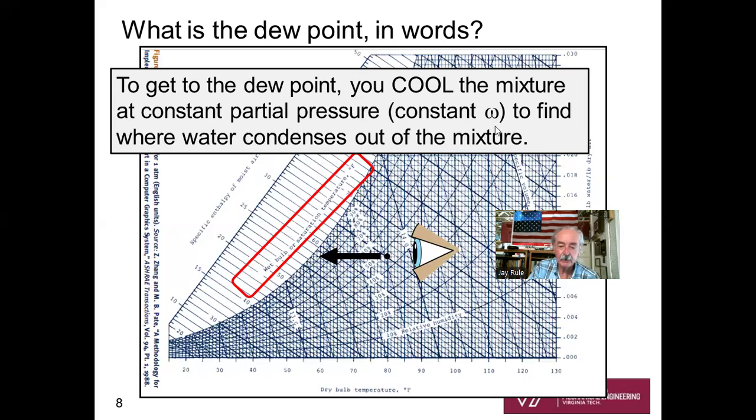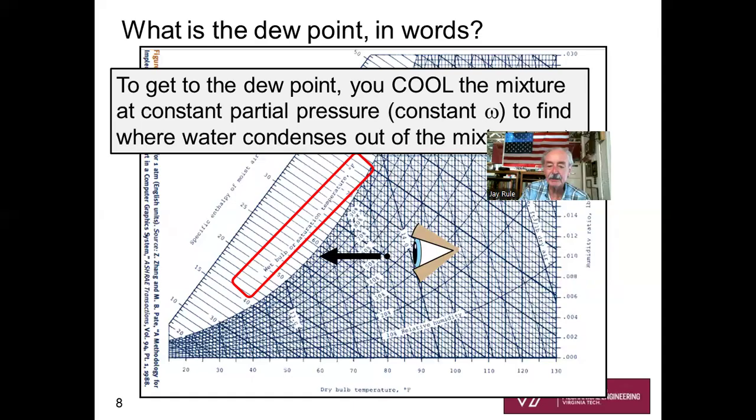If you study that relationship, you can satisfy yourself that to get to the dew point, you're cooling at constant omega. So now we're going to get somewhere. What's constant omega? That is a horizontal line, constant humidity ratio. Here's our humidity ratio on the y-axis, so we're cooling across a horizontal line.